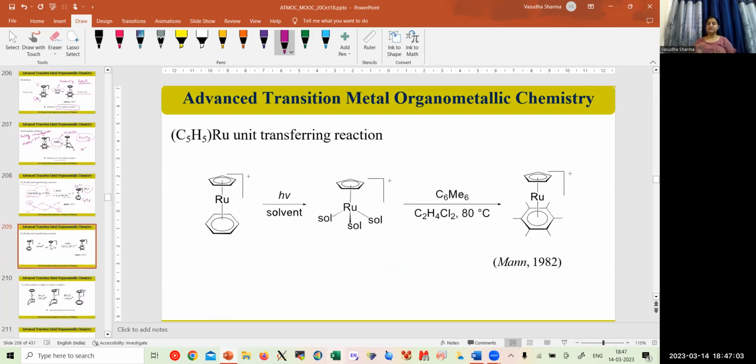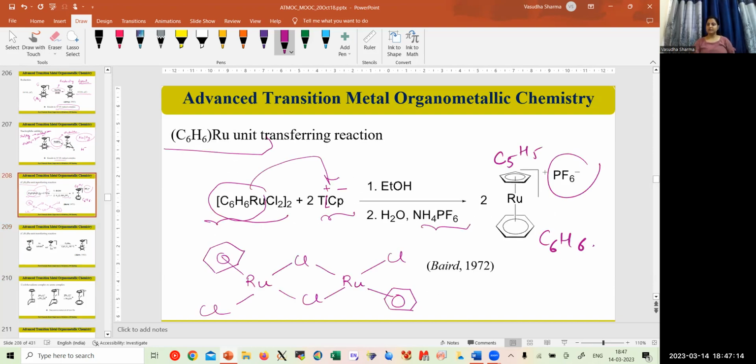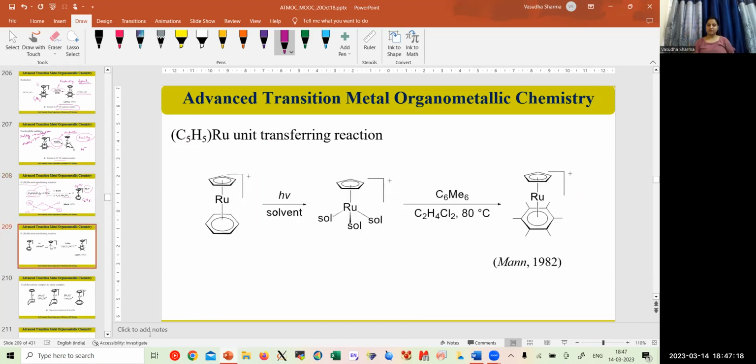Another reaction where the C5H5 ruthenium unit has been seen transferring. For example, earlier what we saw was this cationic complex where C5H5 and C6H6 are together. Continuing with this particular reaction, how it is going to help in having the different complexes.